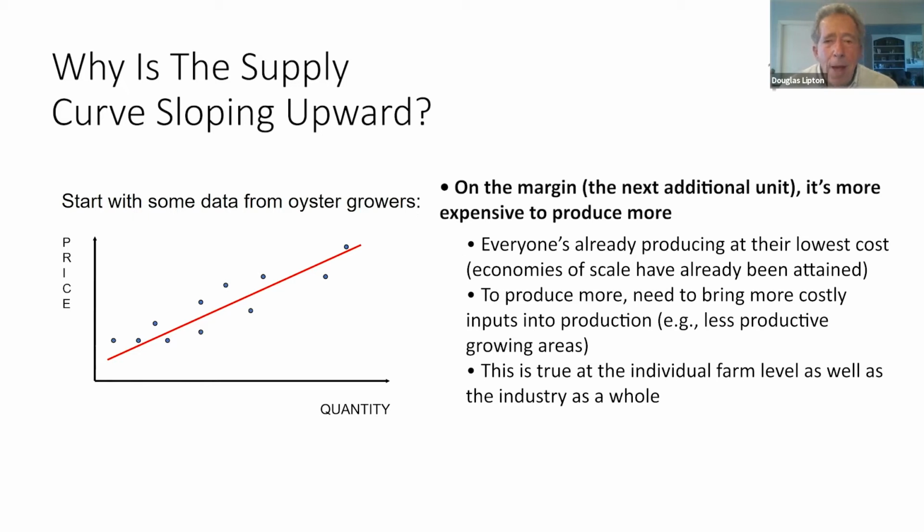But eventually I'm going to have to move into less productive grounds, either on my own lease, or that's true for the industry as a whole: the most efficient growers come in first, they get the best growing bottom, and then folks who want to get into the business move on to less productive areas. So the more you end up producing, the higher the cost of production is going to be.